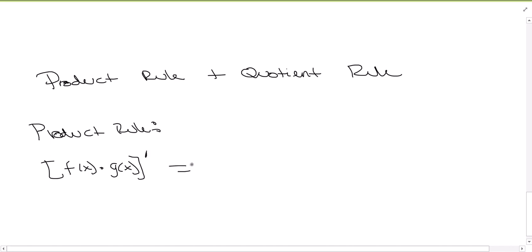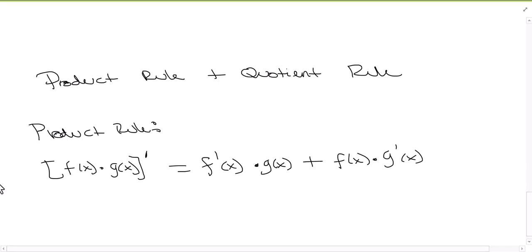Now the product rule says that this is f prime of x, the derivative of the first times the second left alone, and then plus the first left alone times the derivative of the second. So when you have the product of two functions, you end up with the sum of two terms: f prime of x times g of x plus f times g prime.